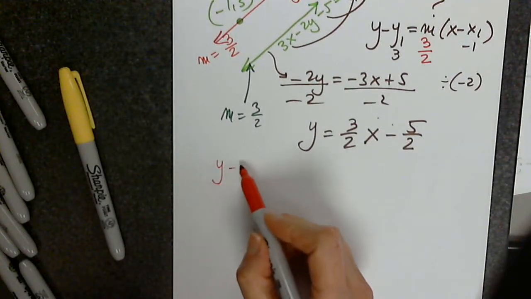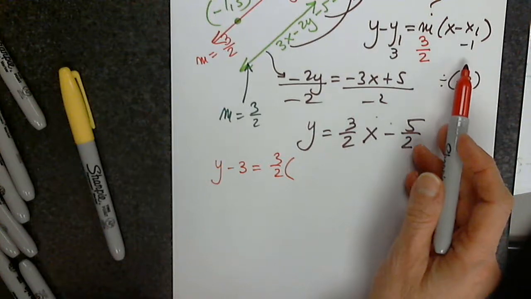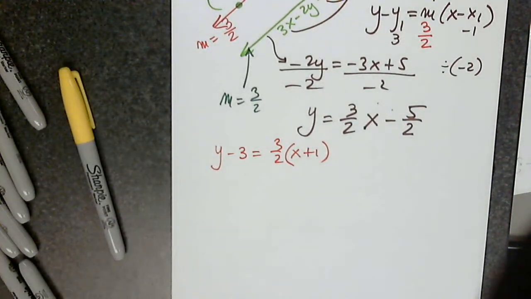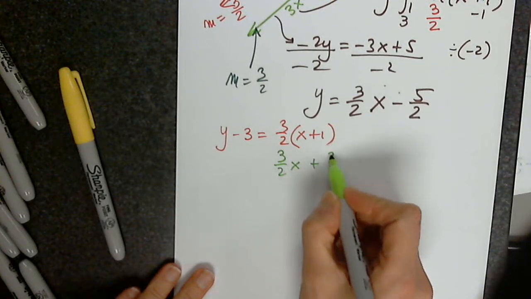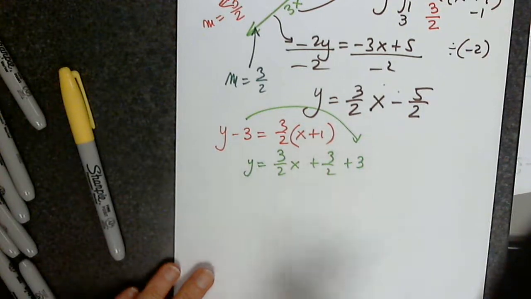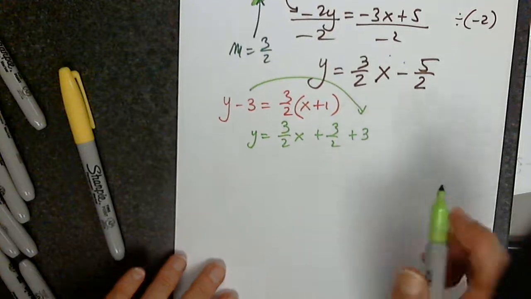So y minus 3 equals 3/2 x minus -1, x plus 1. And the final step, what do I want? To distribute 3/2 x plus 3/2, and I'm bringing a 3. Again, let's take this addition to the side.